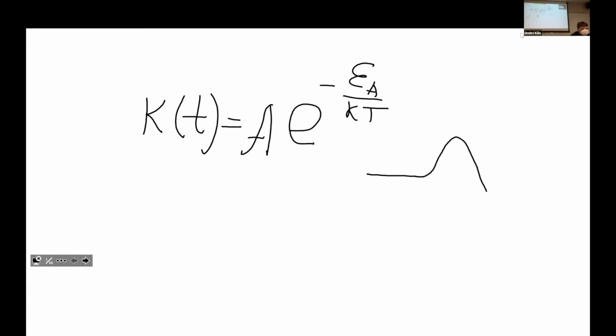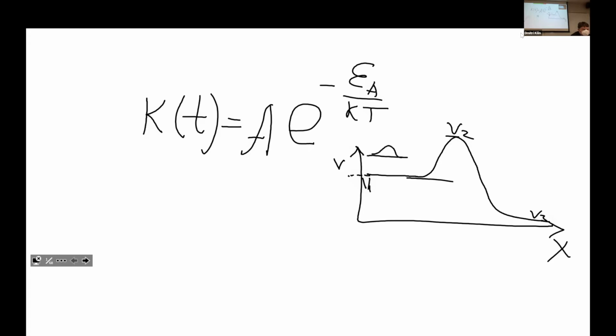So if you do have some reaction coordinate, you have the potential, and you do have various V1, V2, V3, then in order for the wave packet to overcome the barrier, the momentum squared over 2, which defines kinetic energy and is proportional to the temperature, there is a conversion factor between atomic mass and temperature.